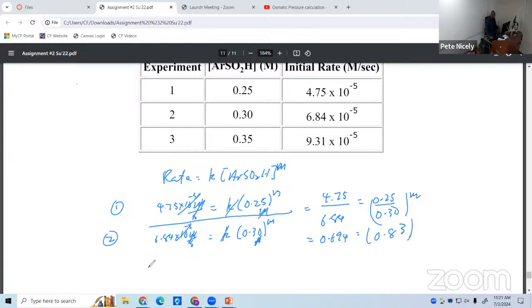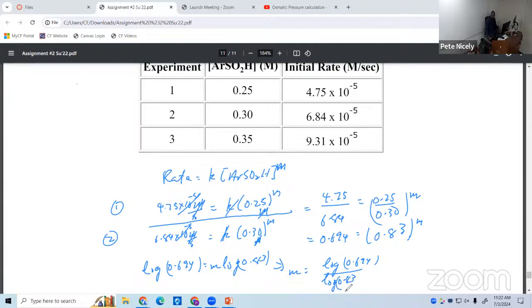So again, find log of both sides. It should be m here. So m log of 0.83. So that means that m is equal to log of 0.694 divided by log of 0.83.